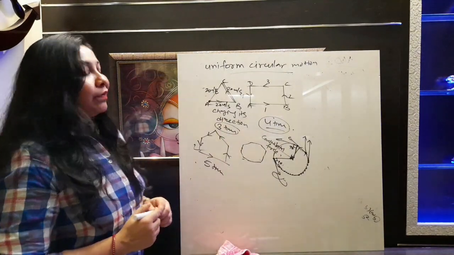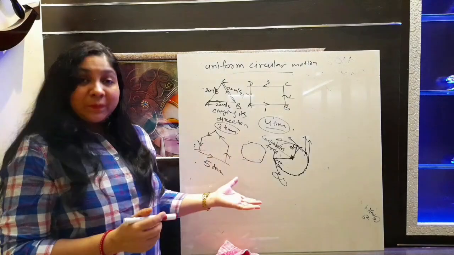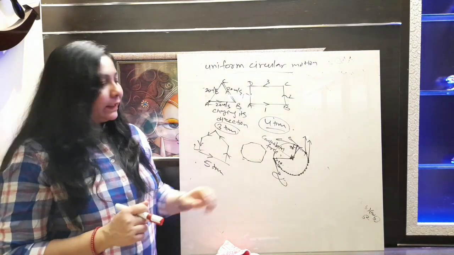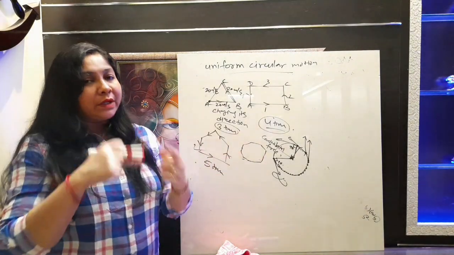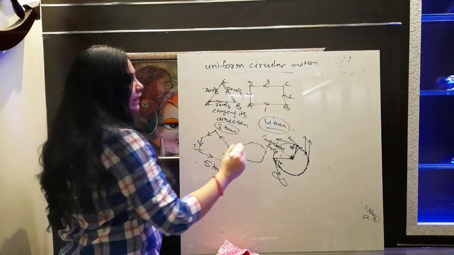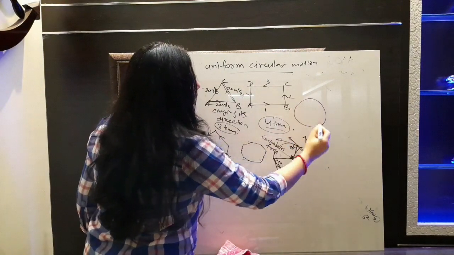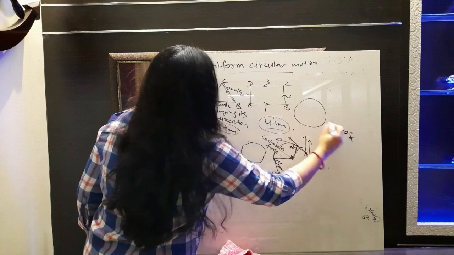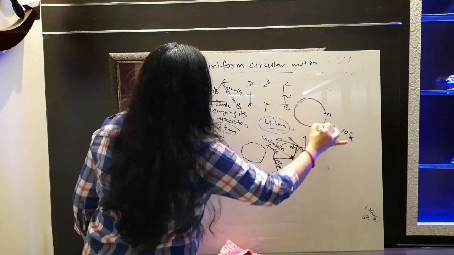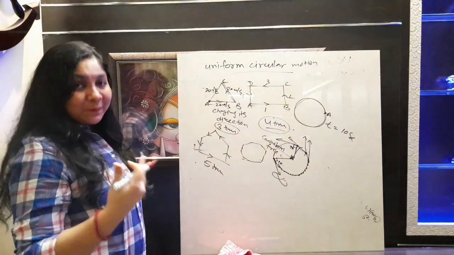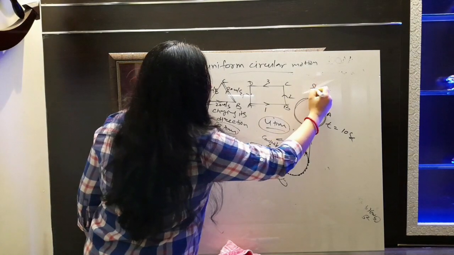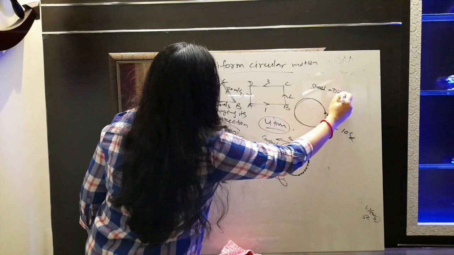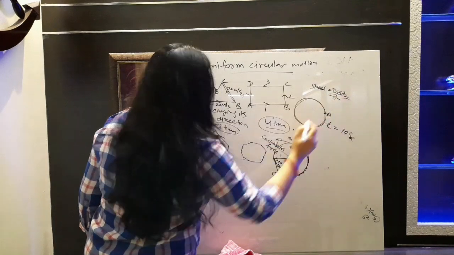If you want to find the speed if the body is moving in a circular path, then it's very simple. Whatever time it takes to complete one full round, suppose it is taking 10 seconds to complete one round, then the speed is distance upon time. What is the distance here?